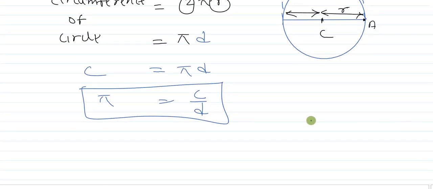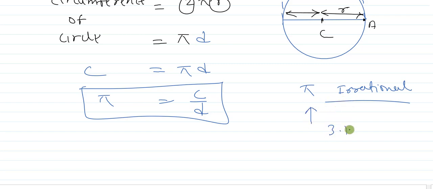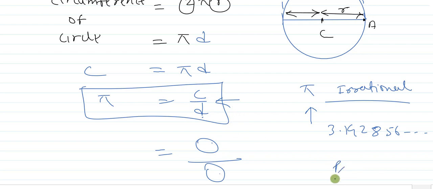What it's saying is, we know that pi is an irrational number, right? While learning irrational numbers, I gave the example of pi as irrational, because the value of pi is neither repeating nor terminating. But here I can see the circumference will be a number, the diameter will also be a number, and number upon number looks like p upon q form.